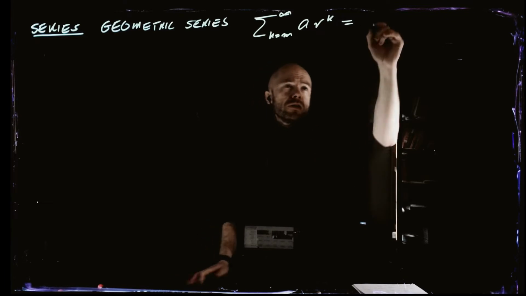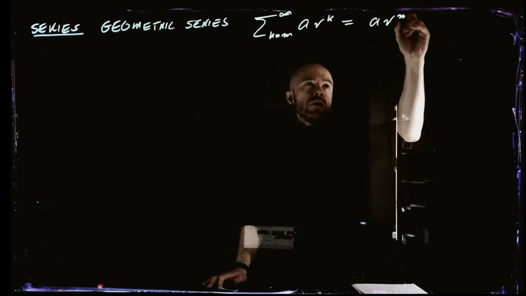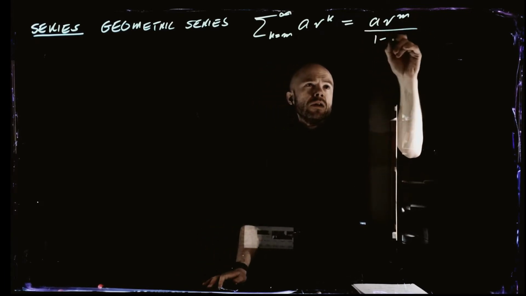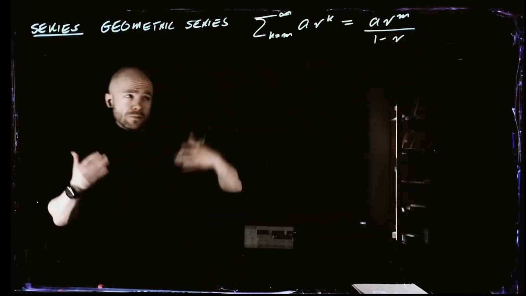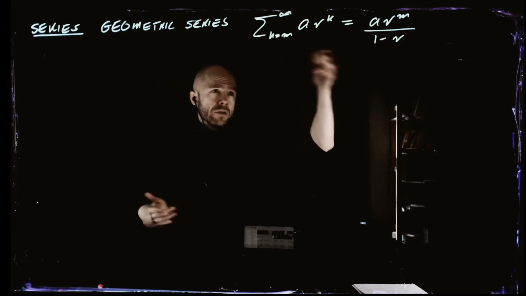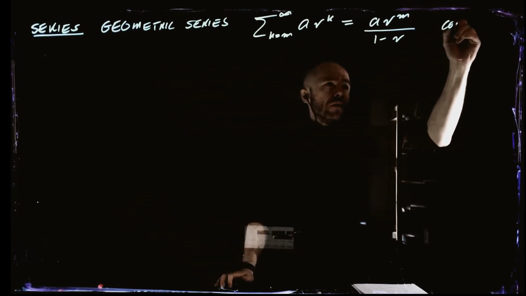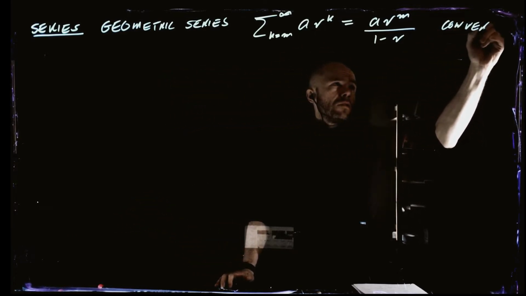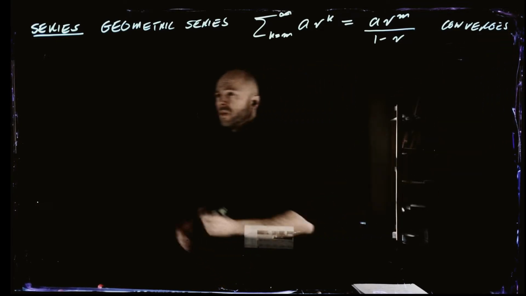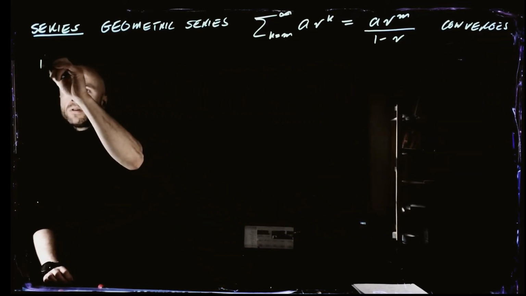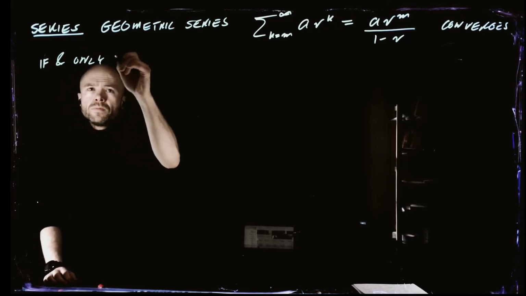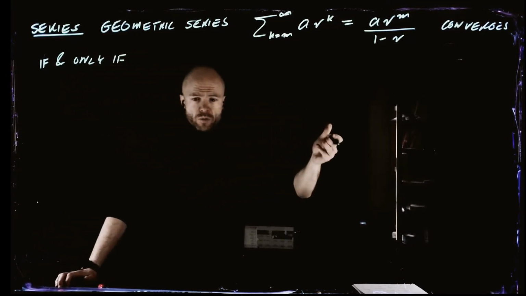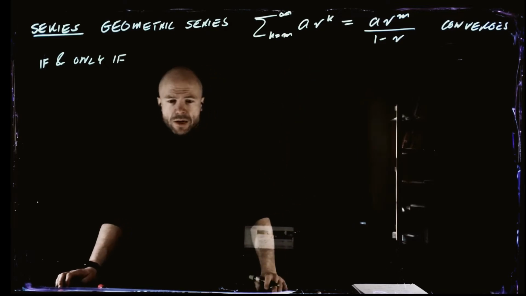And the formula for this is a r to the m over 1 minus r. And we know that this converges if and only if r is within a certain range. What range allows this to converge?